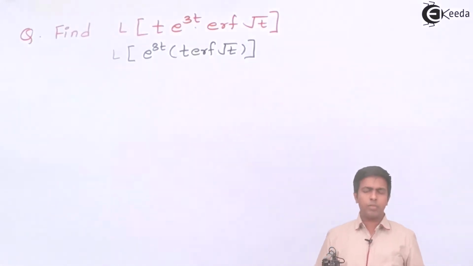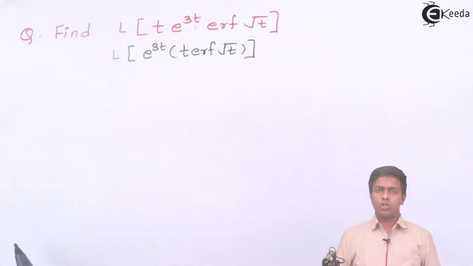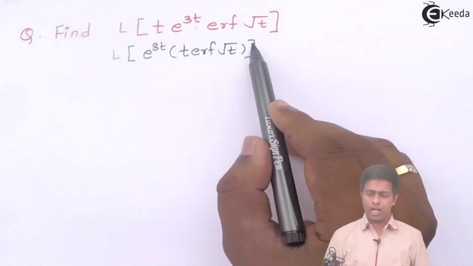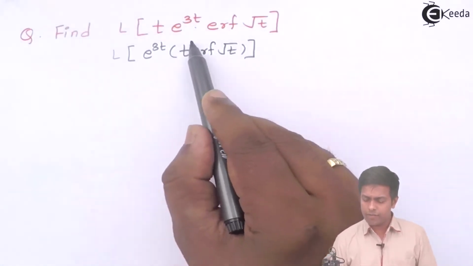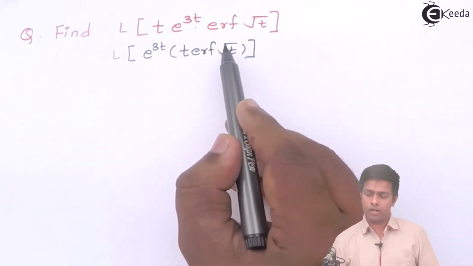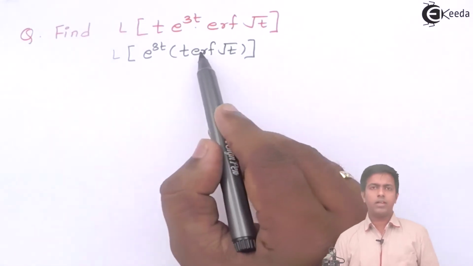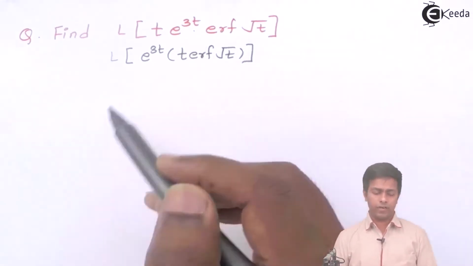So this problem can be solved by two methods, and I would recommend the second method. According to the second method, I am going to consider this as f of t, then I will get the value of Laplace of f of t, that is phi of s, and then we will substitute that phi of s in the final answer.